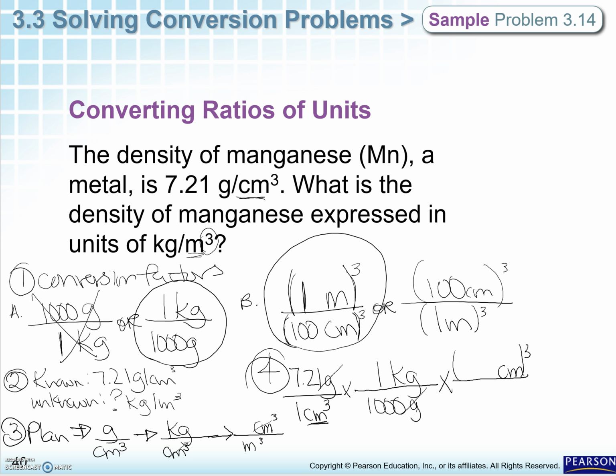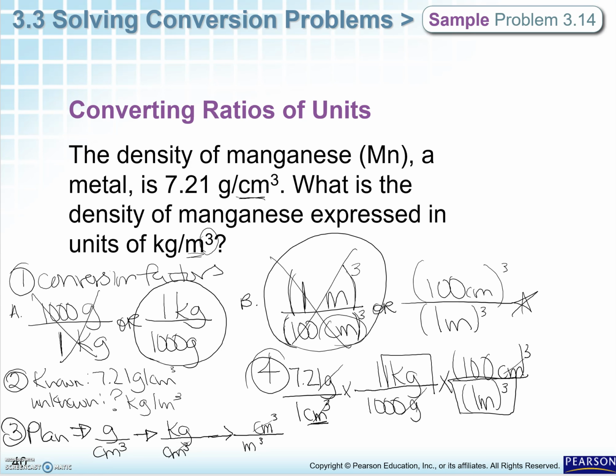This one is a potential factor, but centimeters is on the bottom, so that won't work. Therefore, we're left with this last one: 100 centimeters quantity cubed over 1 meter quantity cubed. If we cancel out those different units, we would end up with kilograms on top and meters cubed on the bottom.